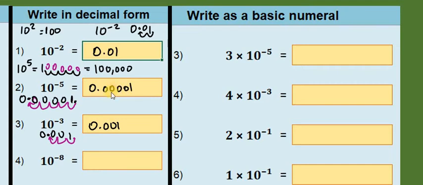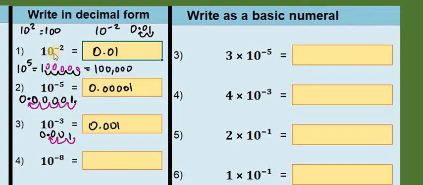We have 5 zeros to the left of the 1, including the 0 that has the point after it. 10 to the negative 3rd power. How many zeros do we have prior to the 1? 1, 2, 3, including the 0 with a point after it. So 10 to the negative 8th power, what will that be?